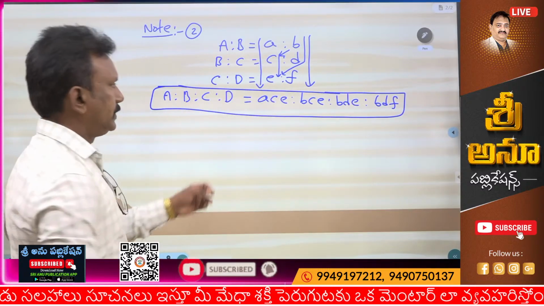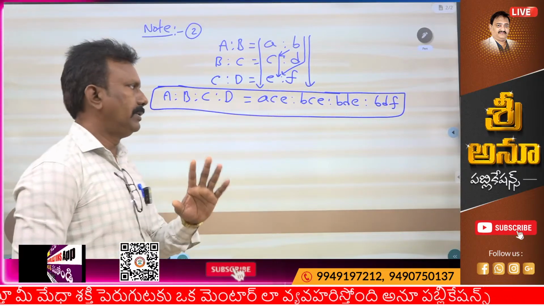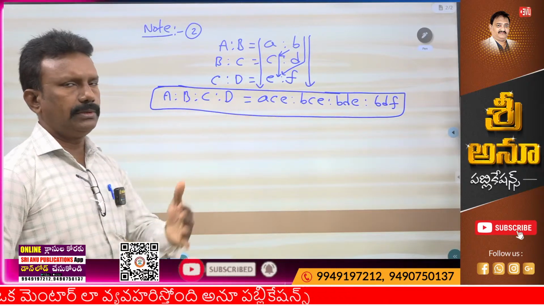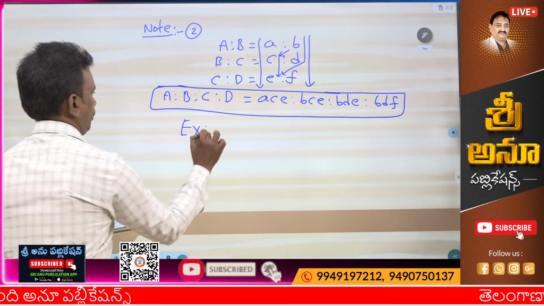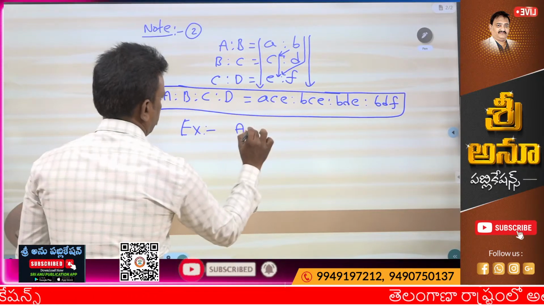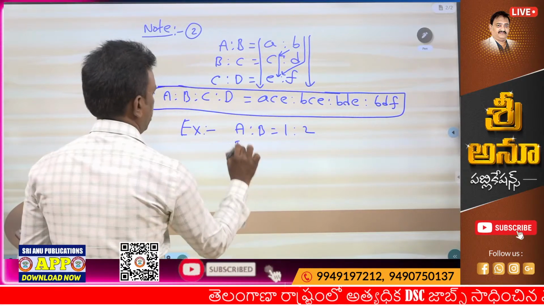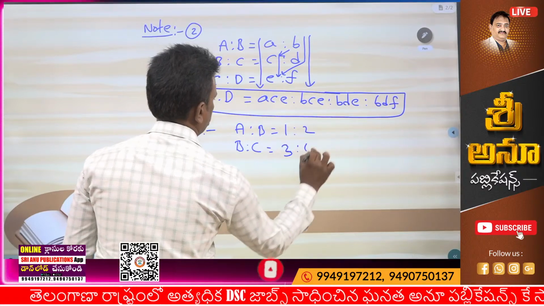Yes. So based on this condition, just try to solve one example related to three ratios written in a continuous form. Example: A is to B is equal to 1 is to 2. B is to C is equal to 3 is to 4.